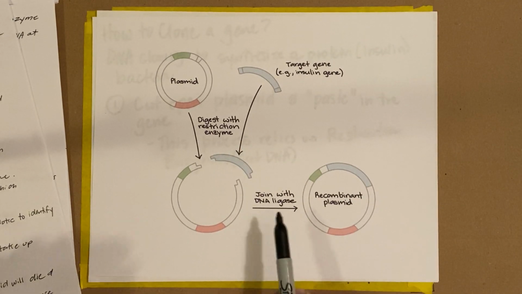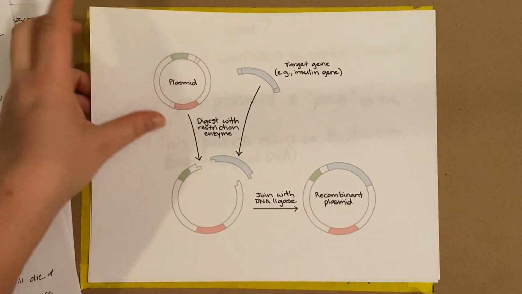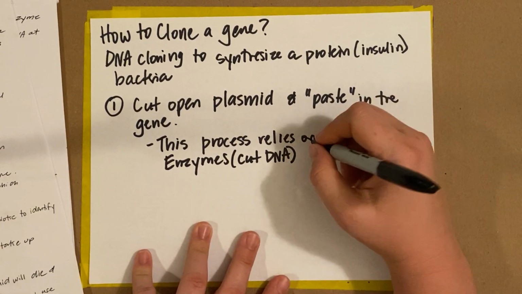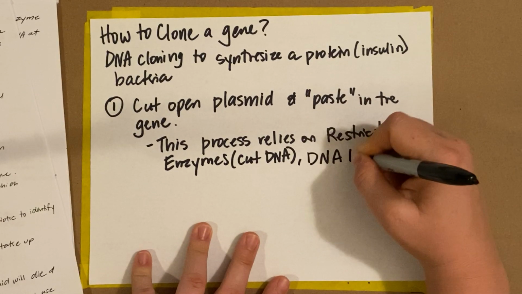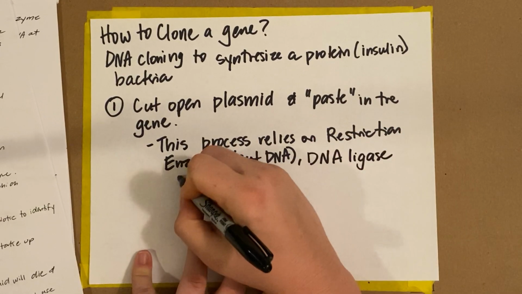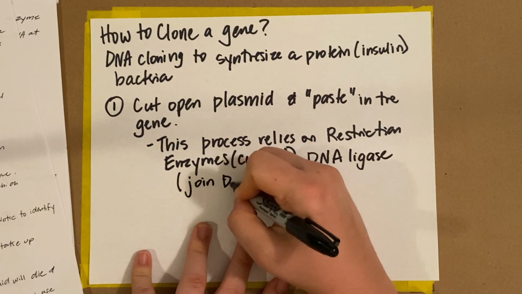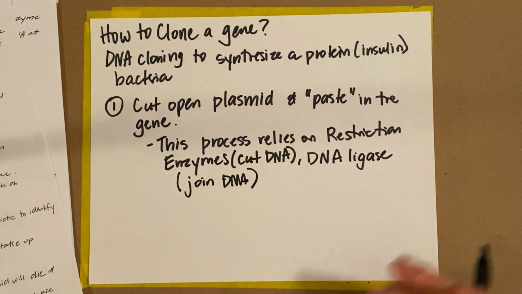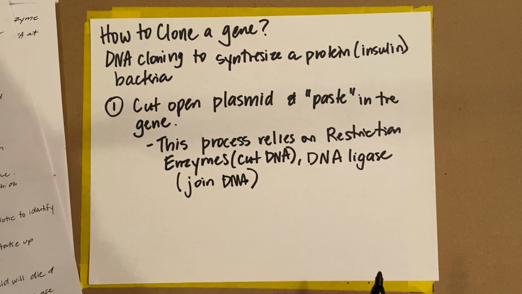And then we do something next, which is called DNA ligase, which will kind of cut and paste basically everything back together. Okay, so the restriction enzyme cuts the DNA, and then we have something called DNA ligase that is going to join DNA together. Okay, so it acts kind of like a glue to put the DNA back together. All right, so that is kind of the first step.